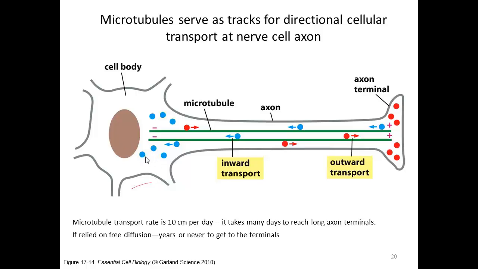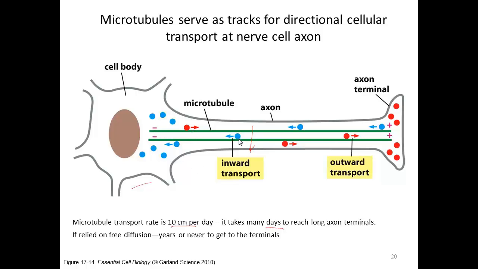Here's where neurotransmitters are synthesized, and to get to the end of a nerve, which again can be a meter long, the nerves that innervate your large toes, but with a very narrow diameter, if you were going to rely on diffusion, it would probably be many years before molecules in any appreciable concentration at the cell body would reach the nerve synapse. But with active transport at a rate of about 10 centimeters per day, it can still take several days for synthesized molecules to reach axons.